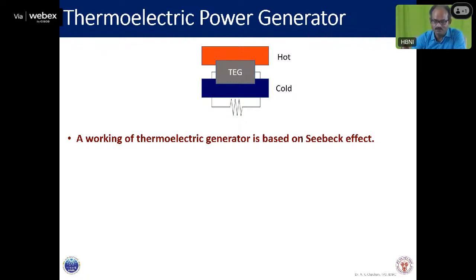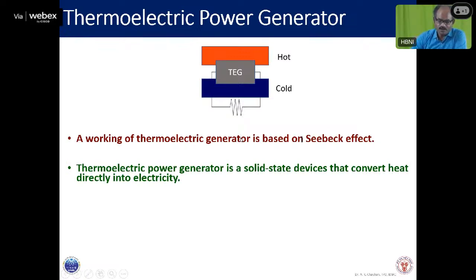So that also you can just imagine it is a thermoelectric generator. So hot end, cold end, and this entire thermoelectric device has been put between hot and cold end, and then across this you can have connections, and then an external load through which the current flows. So current is generated in this TEG device and it flows through this external load. This is clear. So working of thermoelectric generator is based on Seebeck effect.